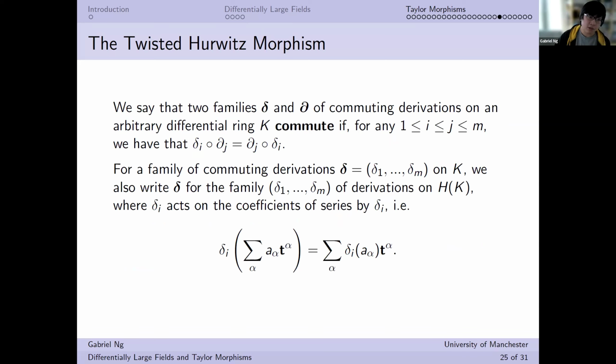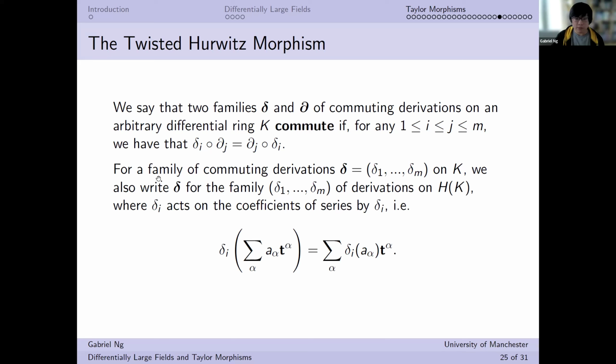And we say that two families of commuting derivations, delta and partial, on the ring K commute if all of the derivations within these two families commute with each other.